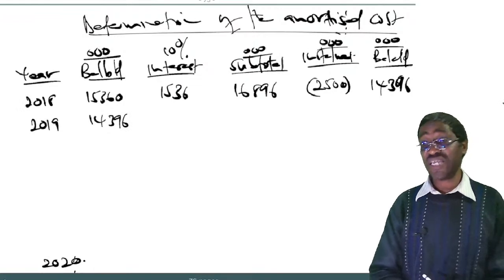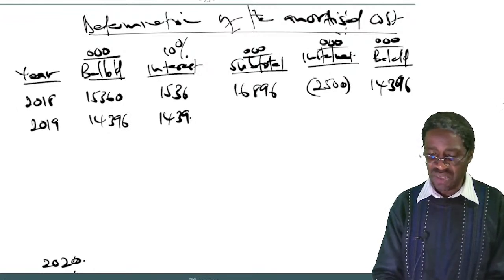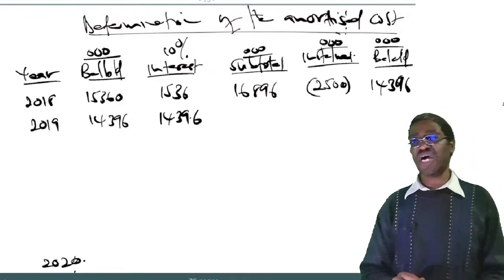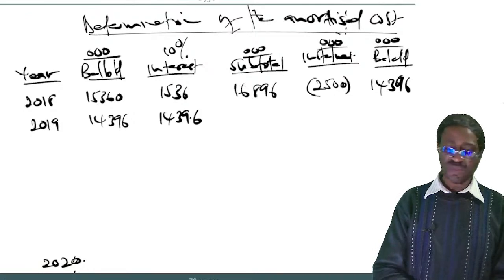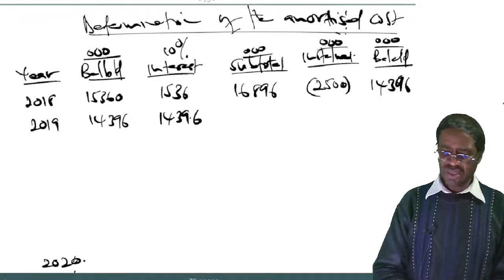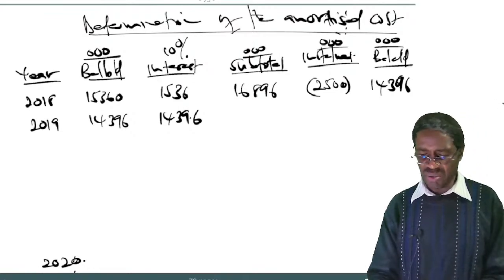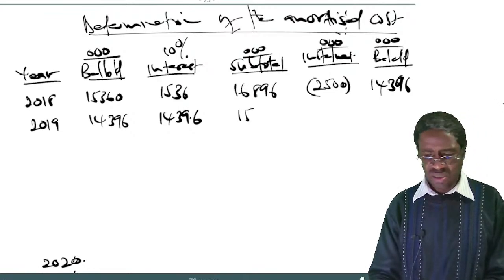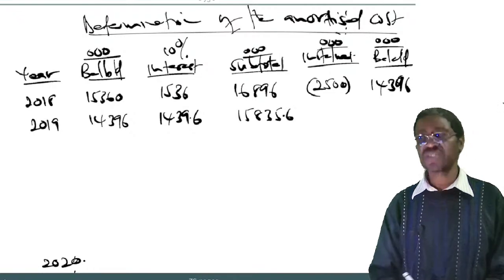Again, I charge 10%. That will be 1,439.6. Let me add those two. 14,396 plus 1,439.6. I am getting an amount of 15,835.6.